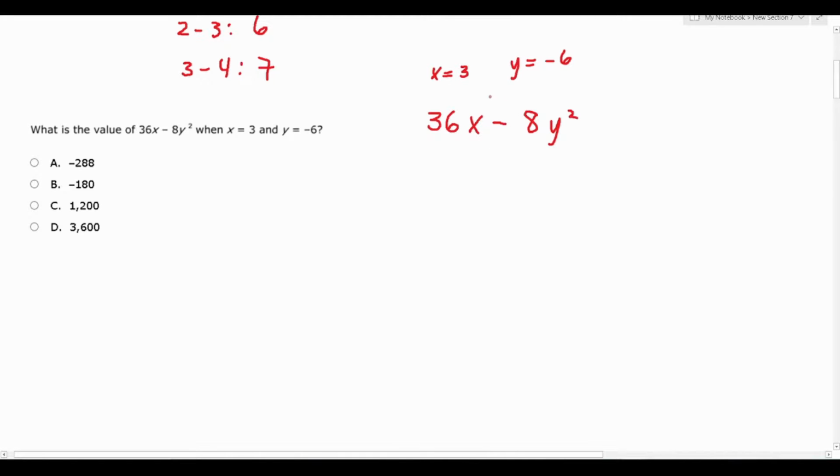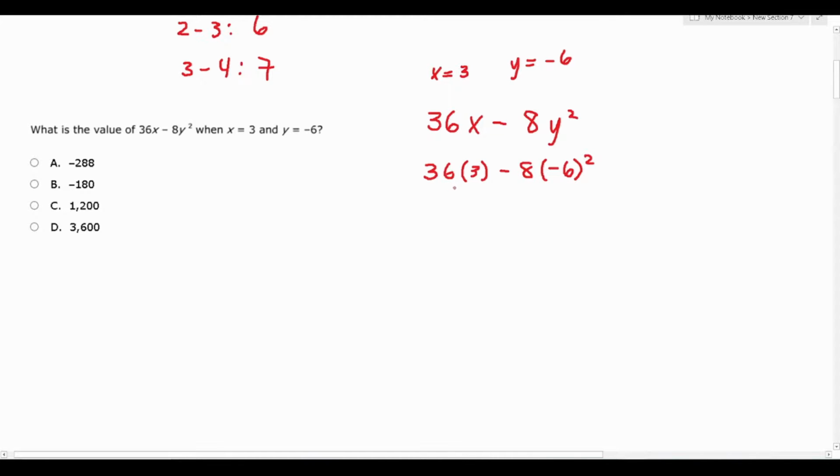As my next step, I'm going to go ahead and plug in 3 for x in this expression, and -6 for y in this expression. So we have 36 times 3 minus 8 times -6 squared.